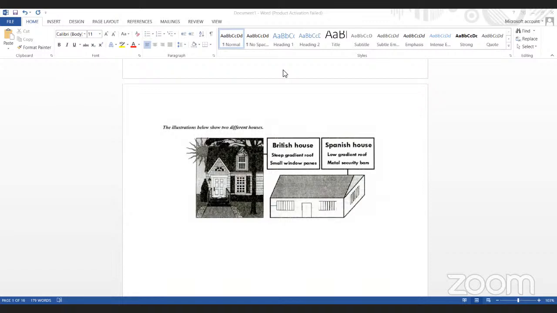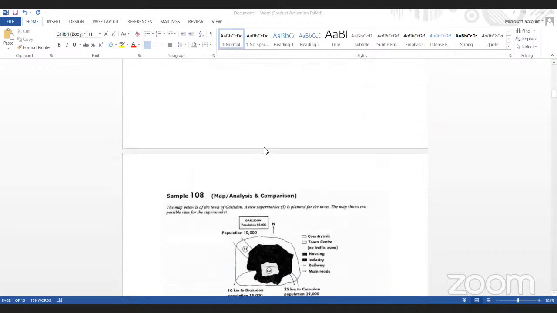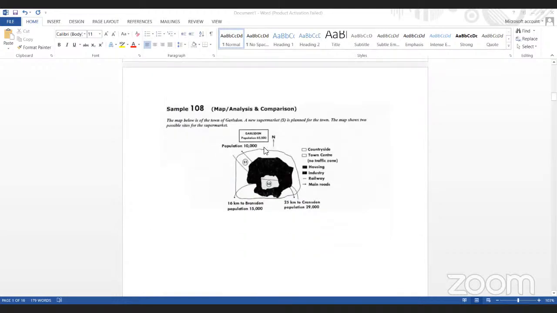All right. So let's move to map cases. When you are writing an answer for maps, you need to have a better idea about the key changes, right? The map below is of the town of London, and a supermarket is planned for the town.